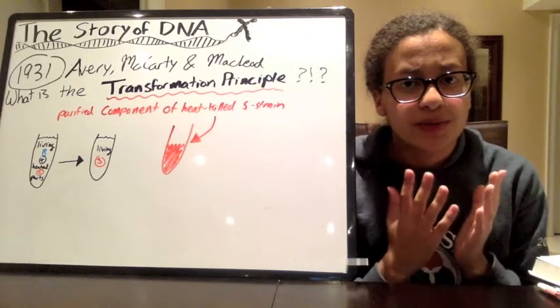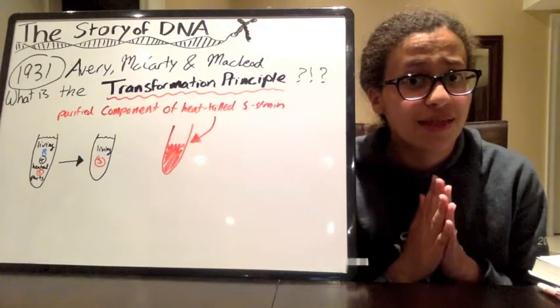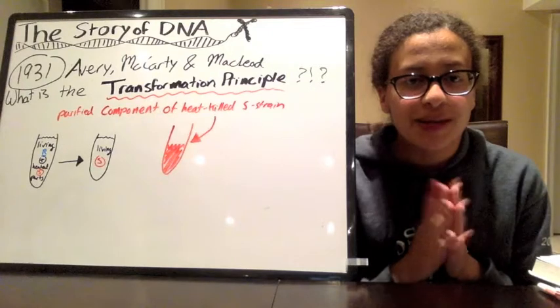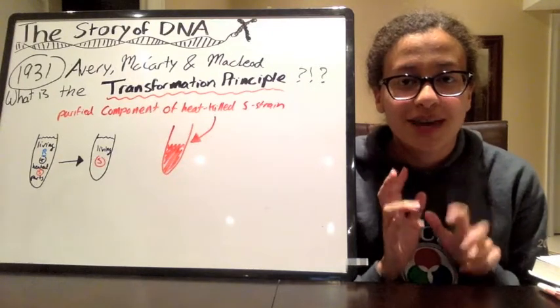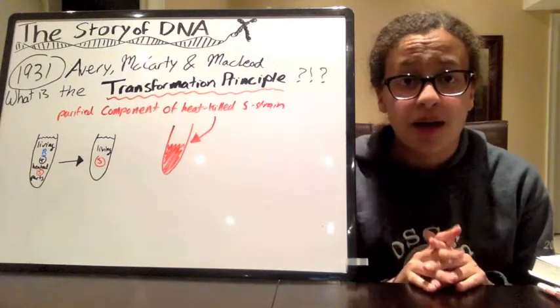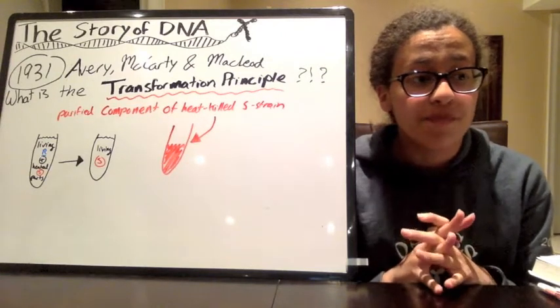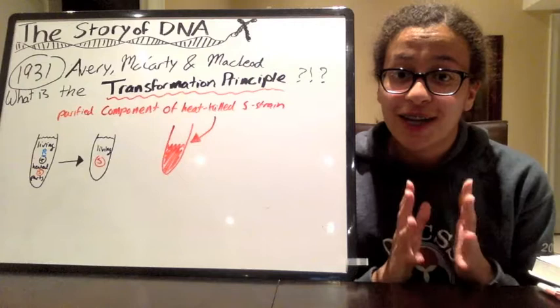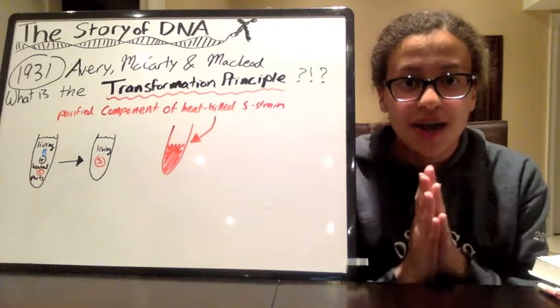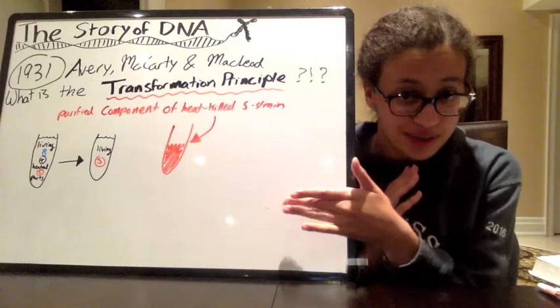So something was causing this transformation, but at the time we didn't know what it was. And Avery decided to call this substance that was causing the transformation the transformation principle. He and his team worked on this for many years and finally isolated this transformation principle substance, which I drew in this red test tube over here.